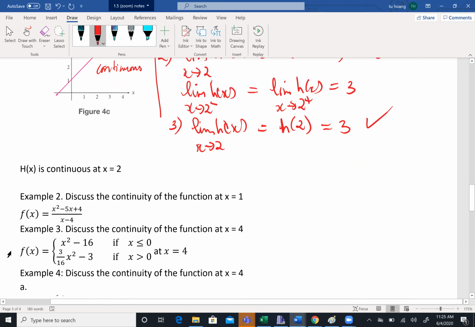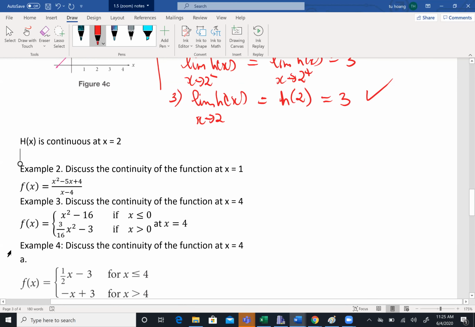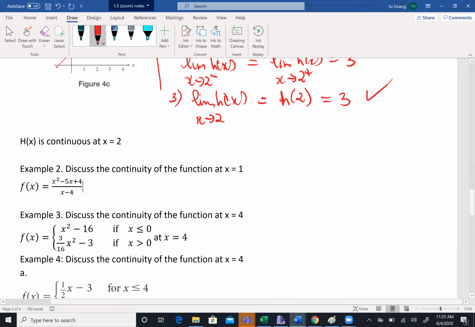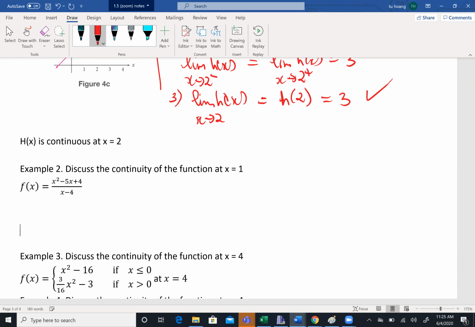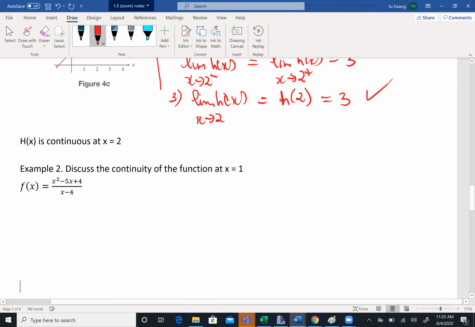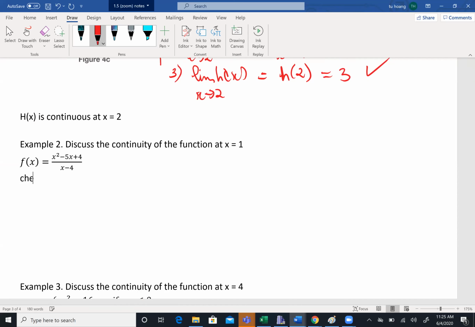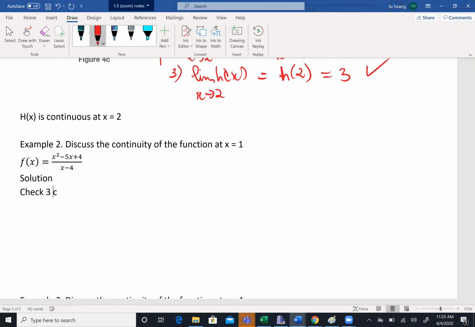You can also do example 2 here, but I don't provide the figure, so we're just going to check using the three conditions. You have the solution. Check three conditions.